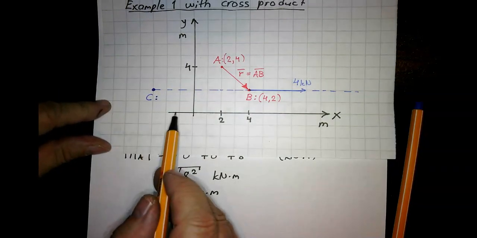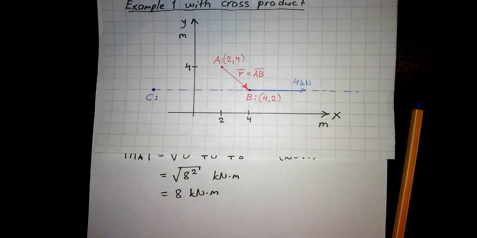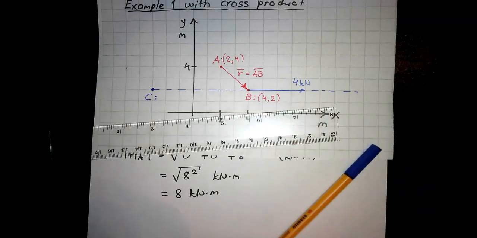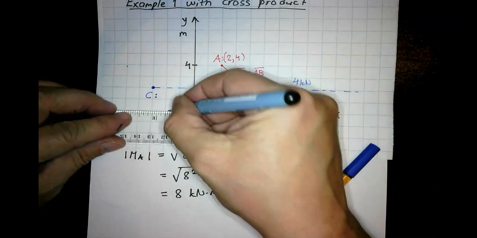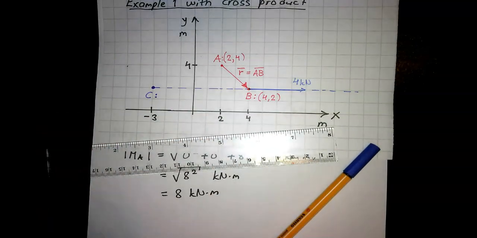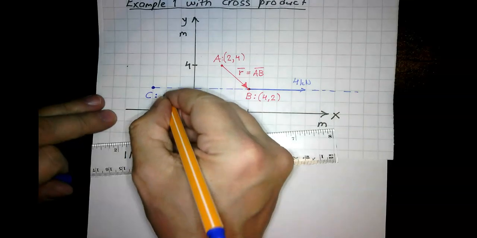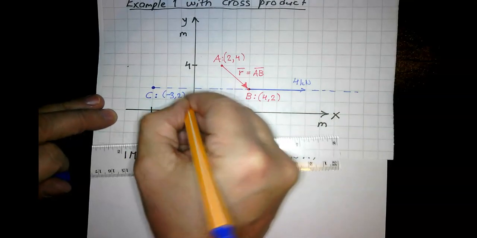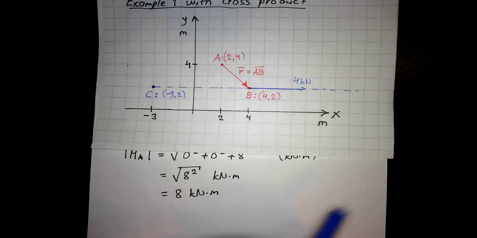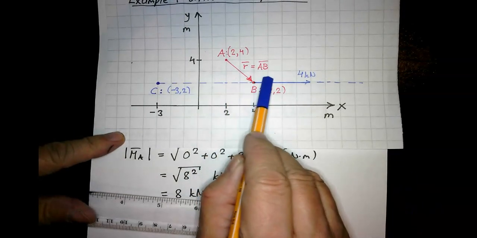and from this coordinate axis I can find out that the coordinates of that point will be -3 and 2. And I can calculate this by using not vector AB, but vector AC.